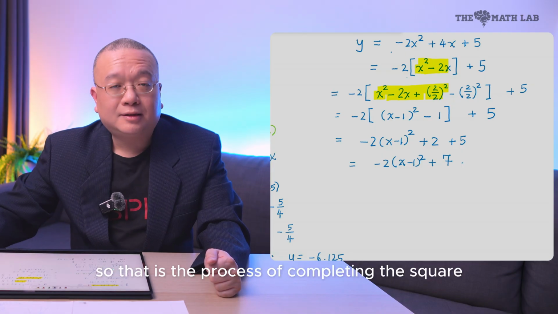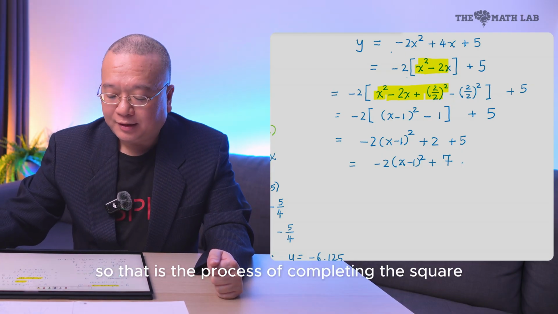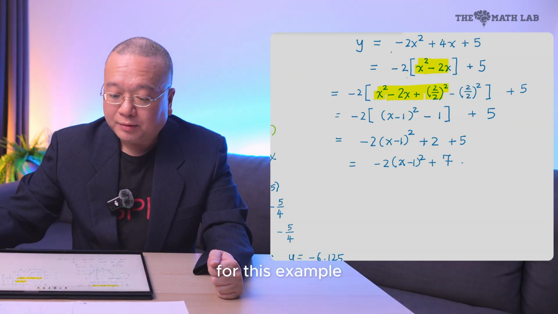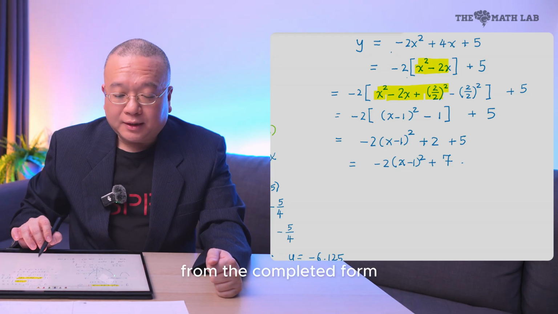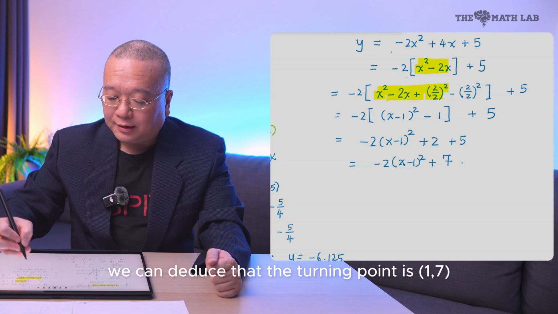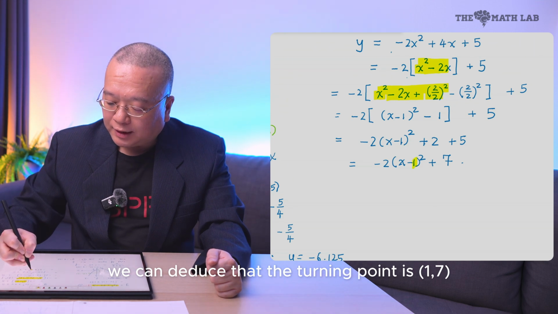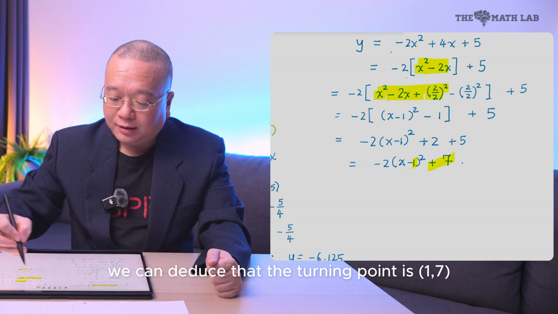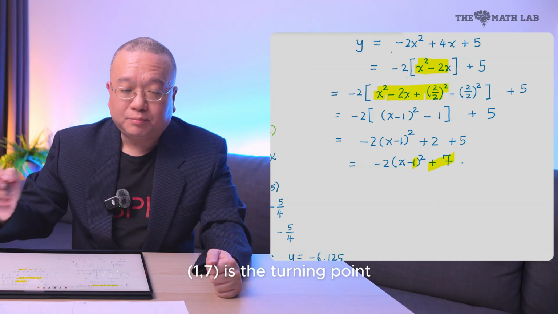So that is the process of completing the square for this example. From the completed form, we can deduce that the turning point is (1, 7). (1, 7) is the turning point.